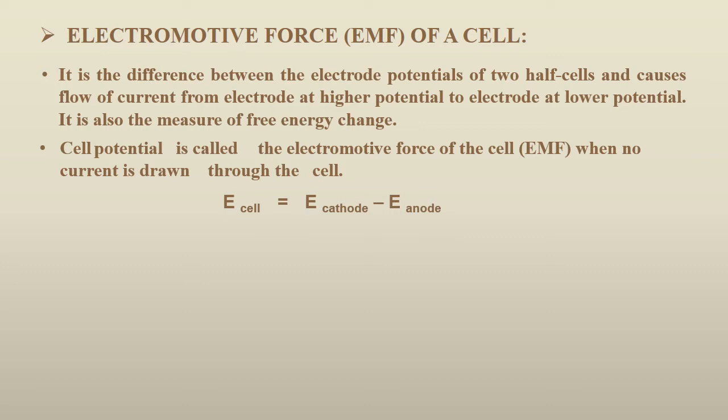That is E cell is equal to E cathode minus E anode. Now when we are talking about E cathode minus E anode, we know at cathode reduction reaction is taking place. Now what is E cathode? Actually this is the half cell potential that I told you will be given to you, and with respect to that you need to calculate the cell potential values.